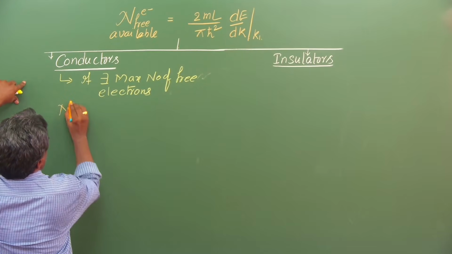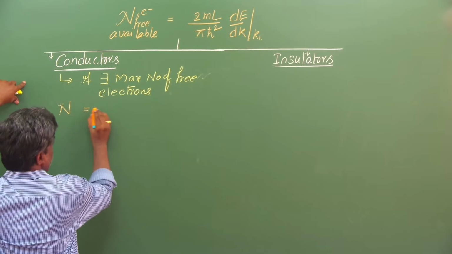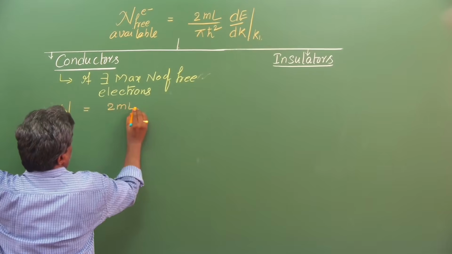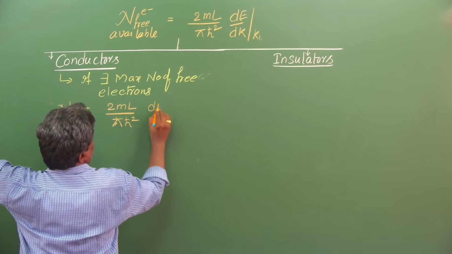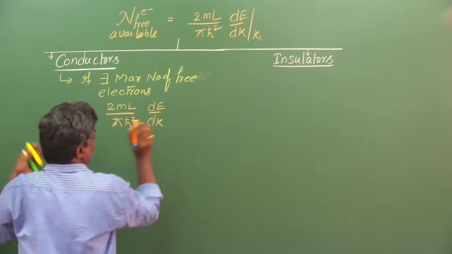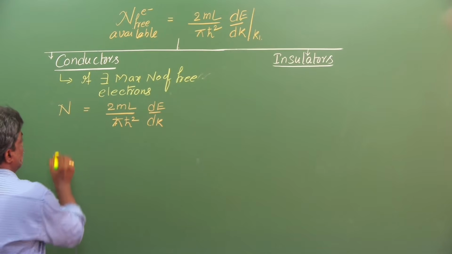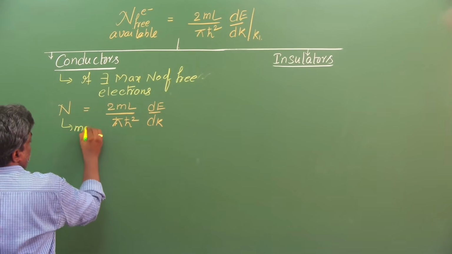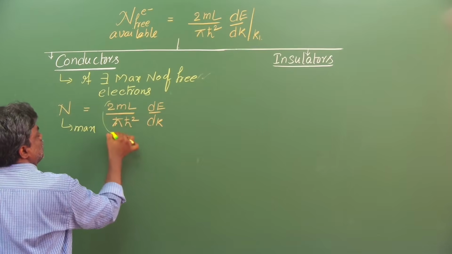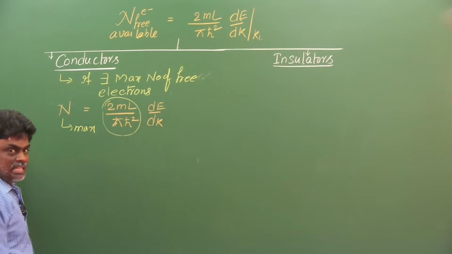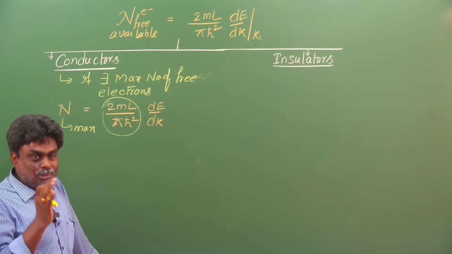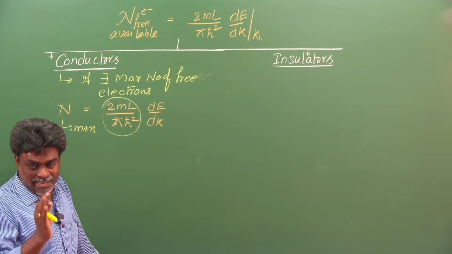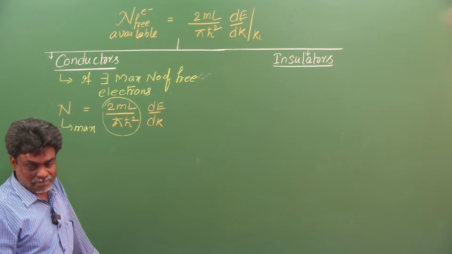So we already have the formula: N equals the free electron formula, 2mL by πħ² dE by dk. Everything else is a constant. The thing is, you should get dE by dk as a maximum.